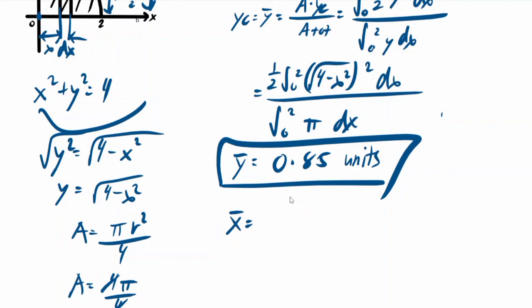Since this is a dy strip, this is going to be easier. Say a sub 1 times xc over a, or the total area of a circle. This equals to the integral with limits from 0 to 2.